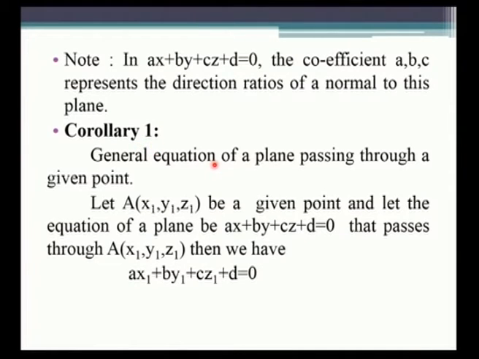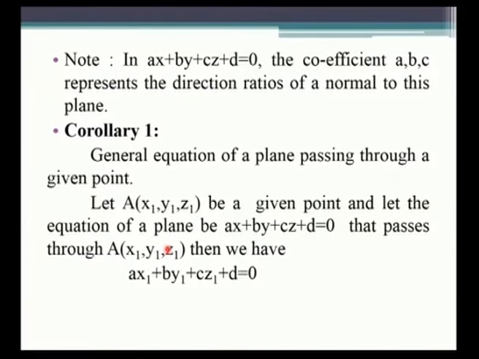Corollary 1: the general equation of a plane passing through a given point. Let A be the point, with coordinates x1, y1, z1, and let the equation of the plane be ax plus by plus cz plus d is equal to 0. Now, this plane passes through the point A (x1, y1, z1).